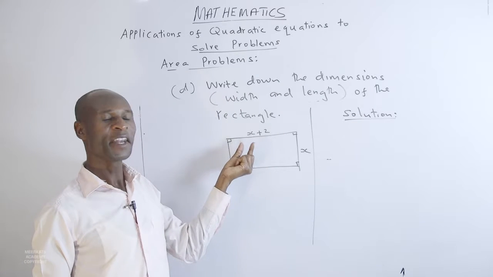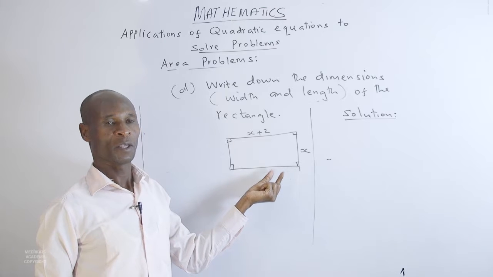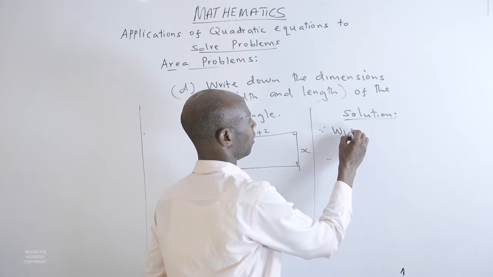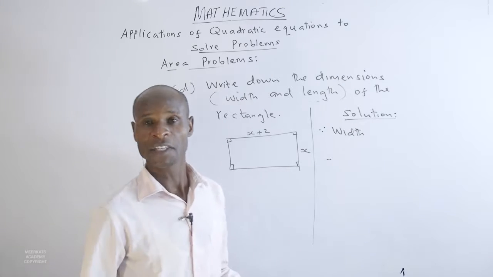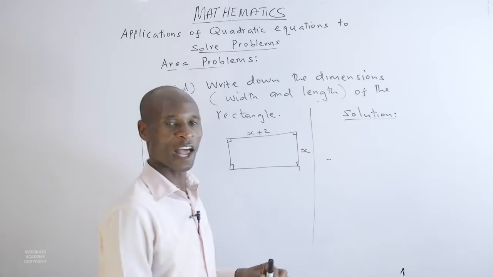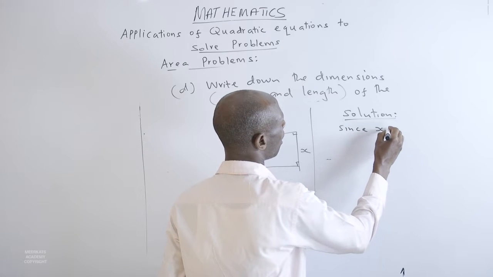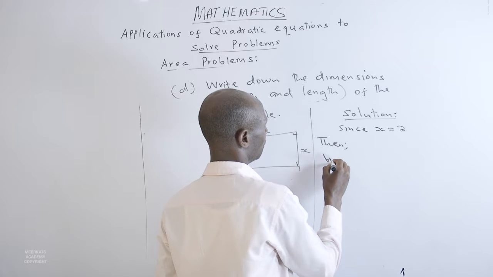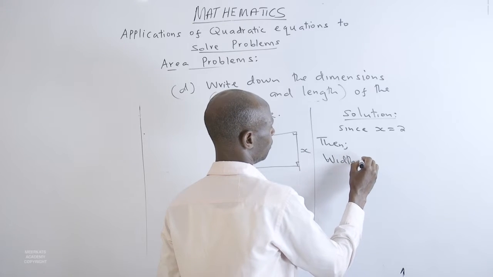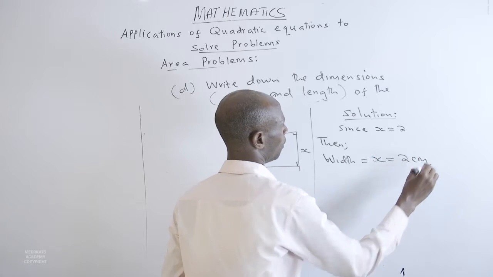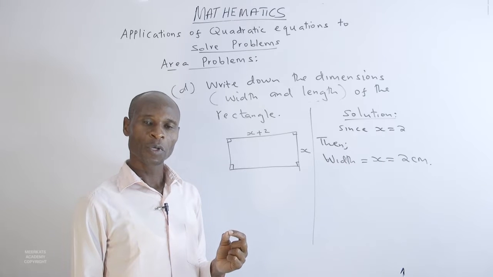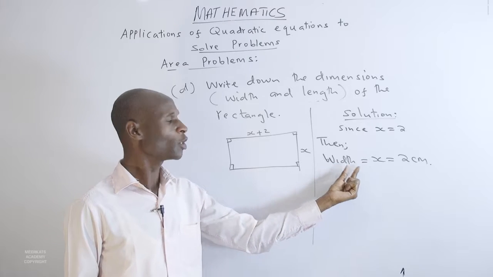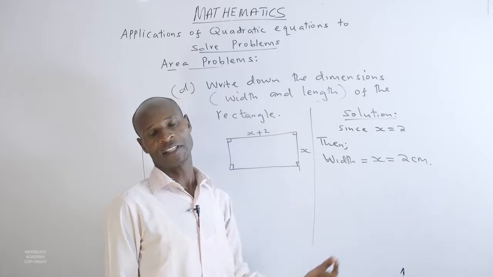Now class, what is the dimension for width? You need to remember that we let the width to be x. So since x is 2, we have picked the positive value of x. So since x is equal to 2, we took the positive solution for that quadratic equation. Then it means the width, which was represented by x, will be equal to 2 centimeters.